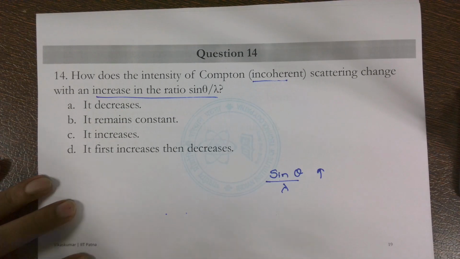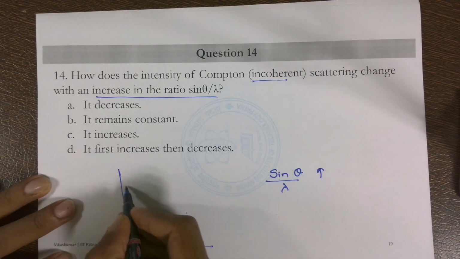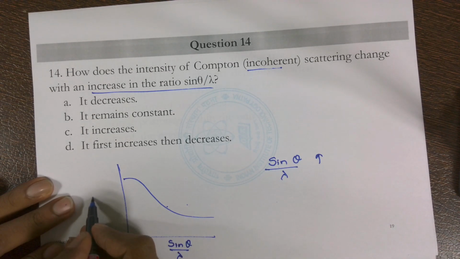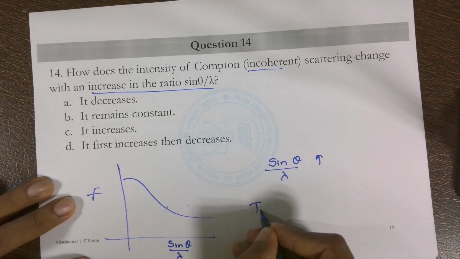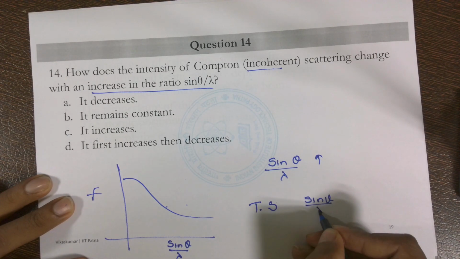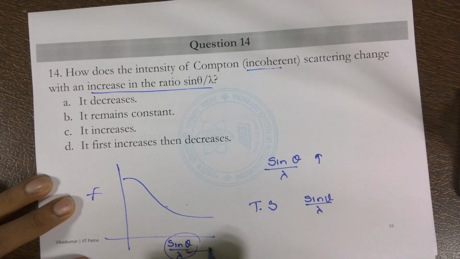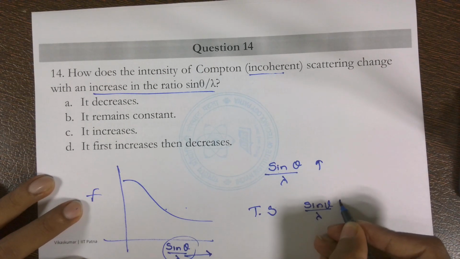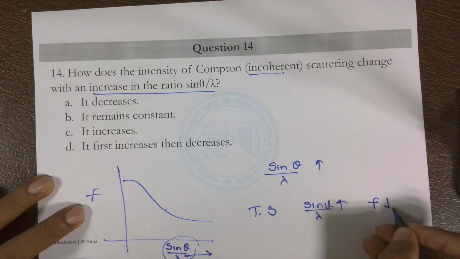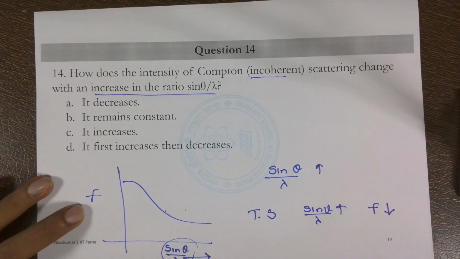Okay, forget about this. Let's talk about the Thomson scattering. For the Thomson scattering, if I'm increasing sine theta by lambda, it means that I'm going to the right side. The factor we are seeing, f, is decreasing, right?